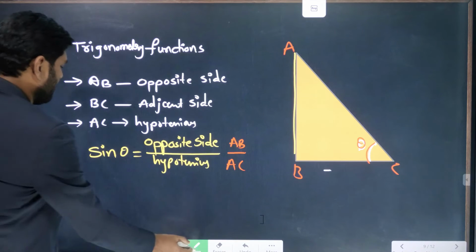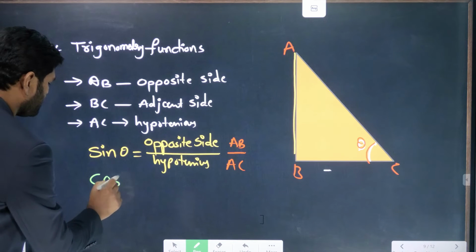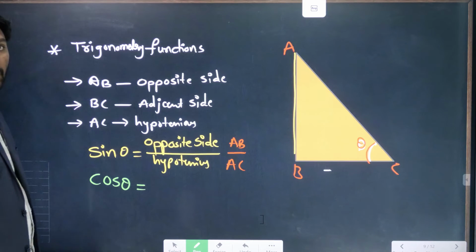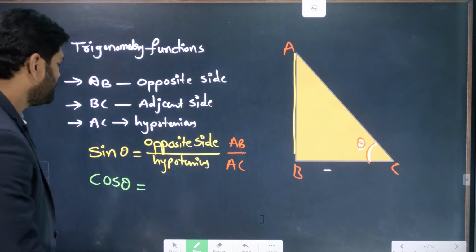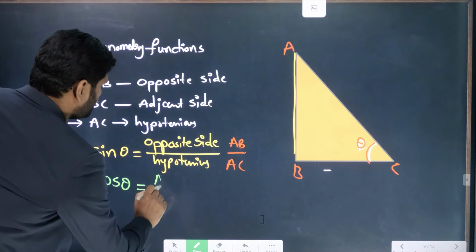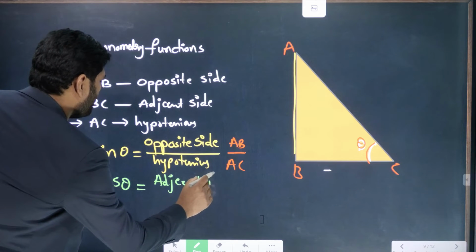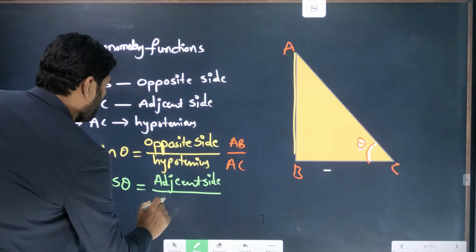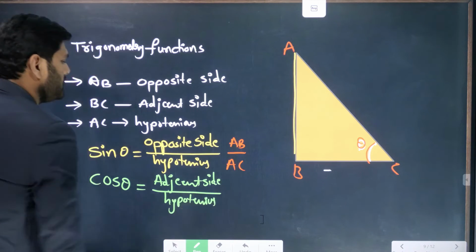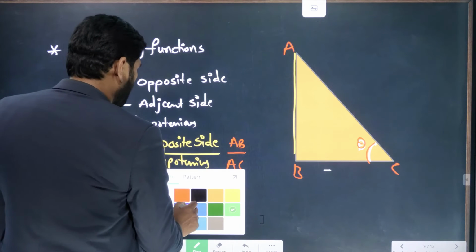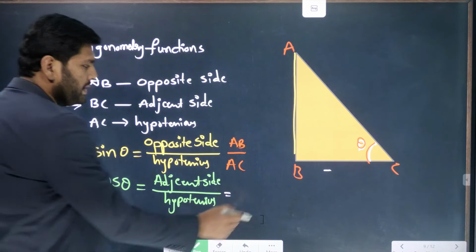One more trigonometric function is cos theta. Cos theta means adjacent side by hypotenuse. Here the adjacent side is BC, right?